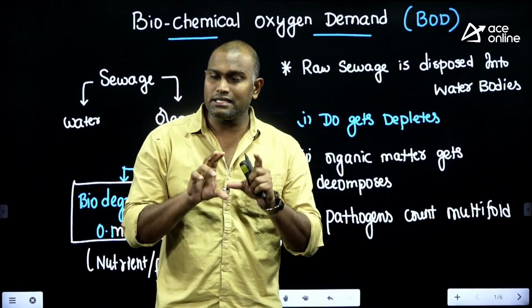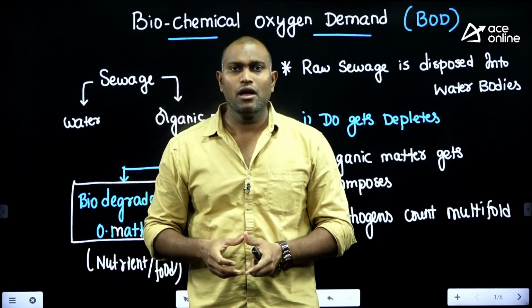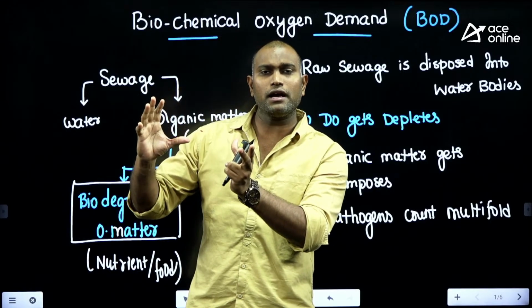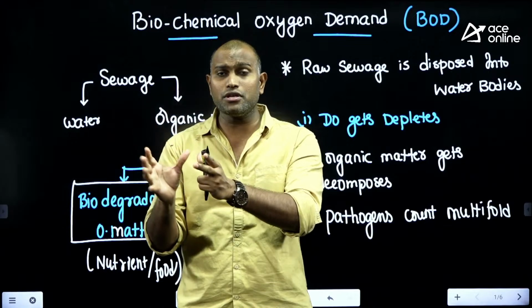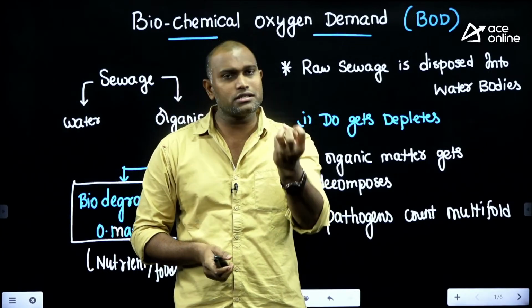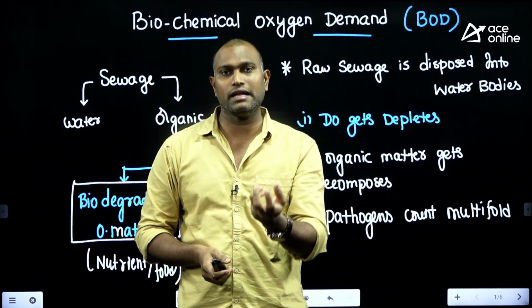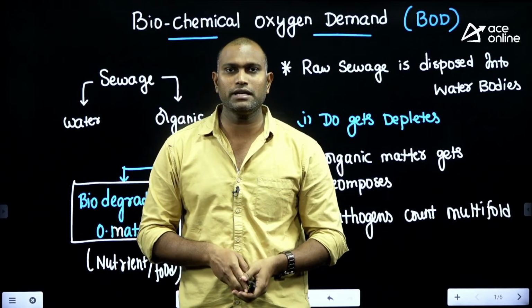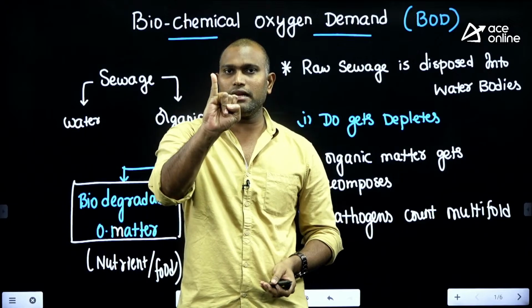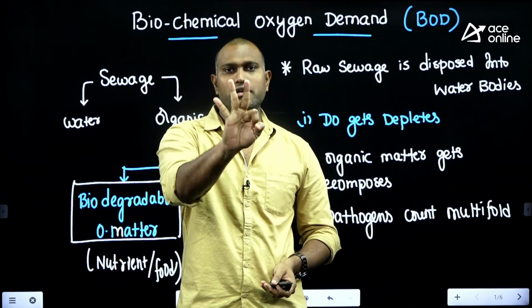So I can say directly that the amount of organic matter in the water is proportional to the amount of oxygen required by the bacteria. Which bacteria? Aerobic bacteria. So in simple terms, three things: bacteria, food, oxygen.